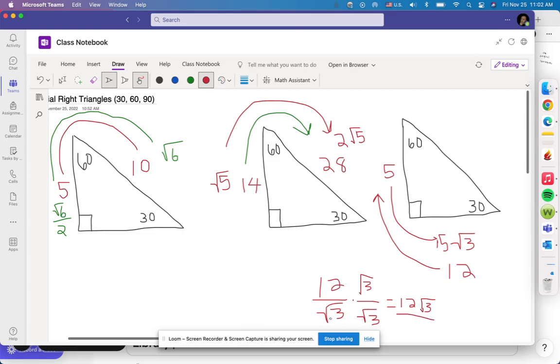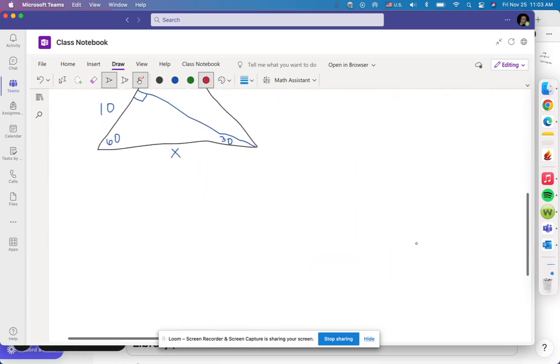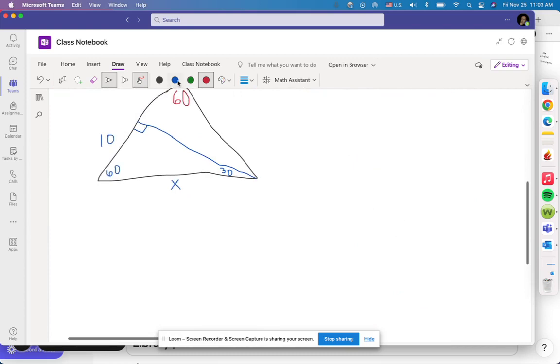Over, well, square root of 3 times square root of 3 is square root of 9, which is 3. This one's nice because it will simplify to 4 radical 3. I'm going to write it over here just to stay consistent. Okay, hopefully that helped.